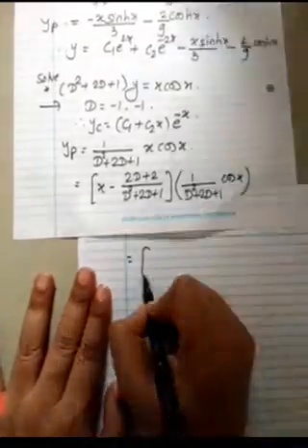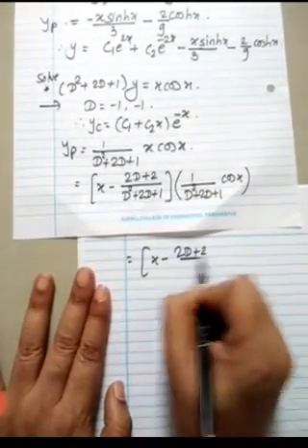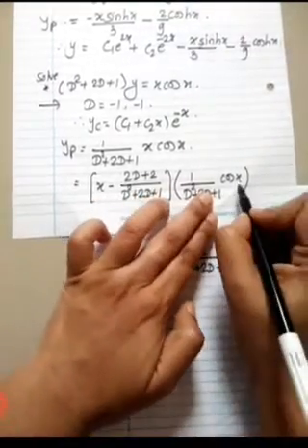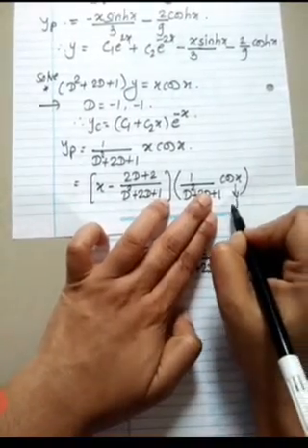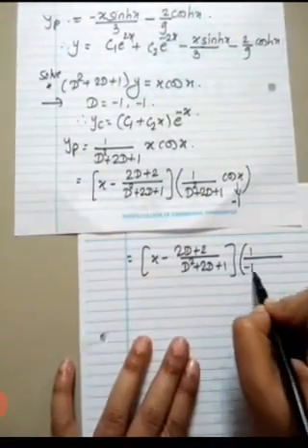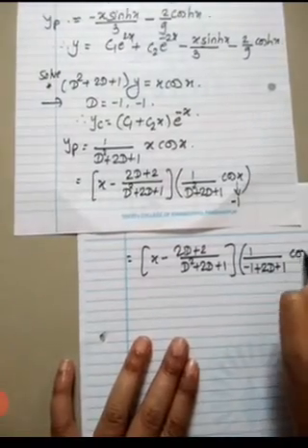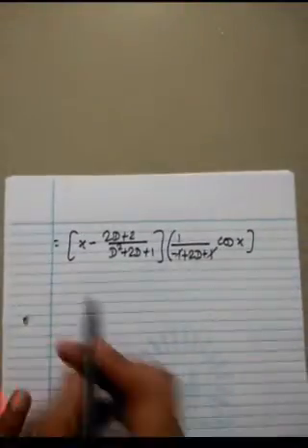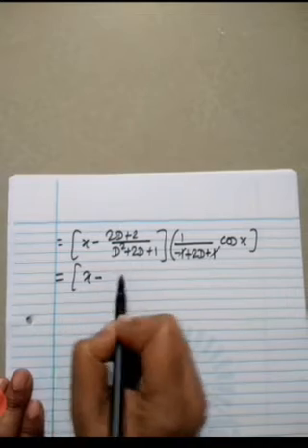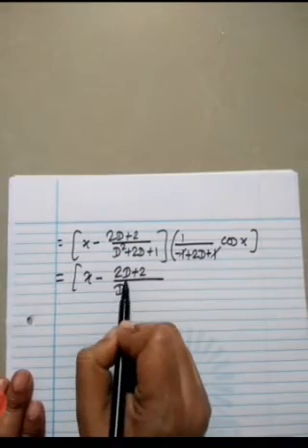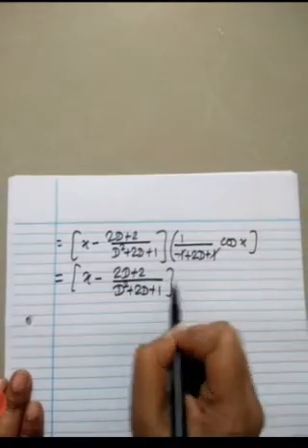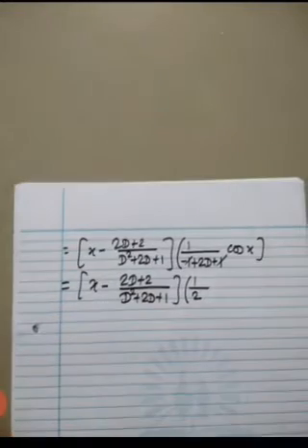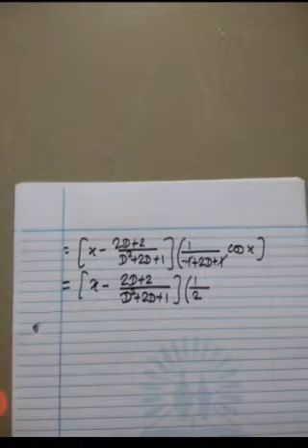That is equal to x minus (2D plus 2) upon (D square plus 2D plus 1) into cos x. Here the number is 1, square is 1 and negative sign, so it is 1 upon (minus 1 plus 2D plus 1) cos x. Minus 1 plus 1 cancels. So it is x minus (2D plus 2) upon (D square plus 2D plus 1) into 1 upon 2D cos x. 1 upon 2, right? And 1 upon D cos x.